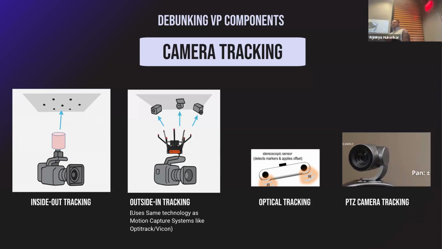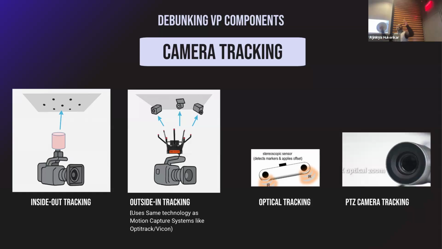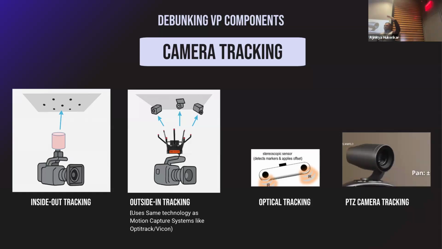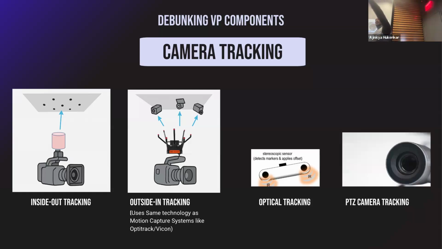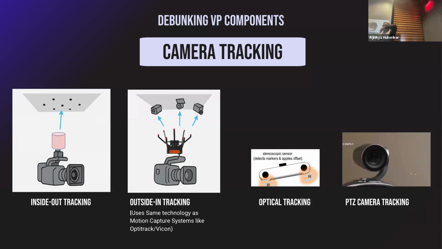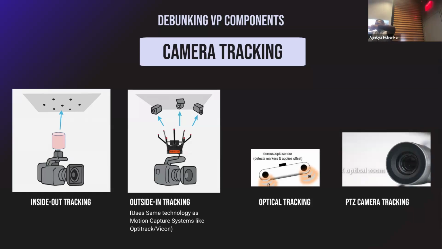The second way is outside in, which I essentially call motion capture technology because it's the same. If you use OptiTrack or Vicon, you realize these cameras are set up on the ceiling, on the grids, and they are overlooking portions of the studio, but each camera is communicating with each other.